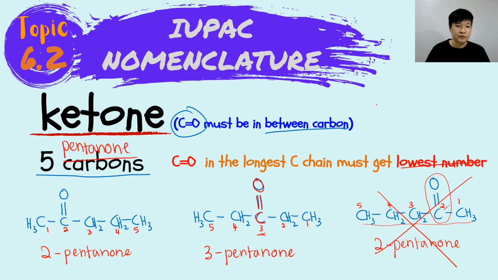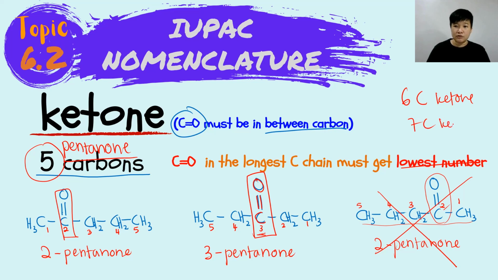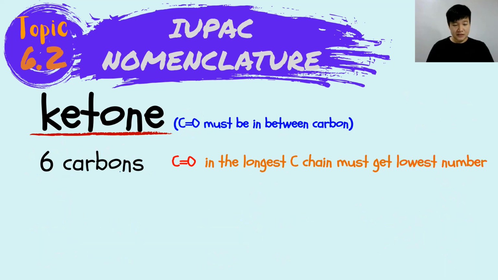Yes, we need to put the position of the C double bond O when you have 5 carbons and above. When you have a 6-carbon ketone or a 7-carbon ketone, you need to have this number in front of your parent name because you want to know which carbon the C double bond O is located on. Okay? Simple. Let's try another one.